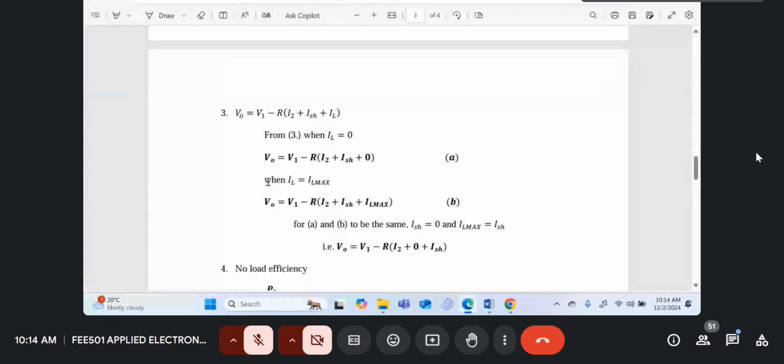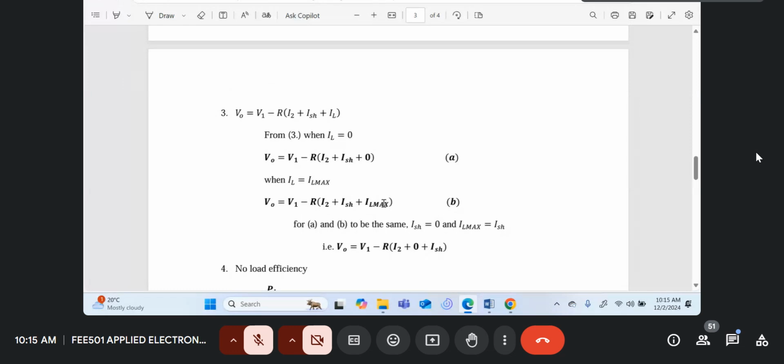Also, when IL is equal to IL max, meaning the maximum current that can pass through the load, then we can substitute it in equation 3 and get that V0 is V1 minus R into brackets I2 plus I shunt plus IL max.